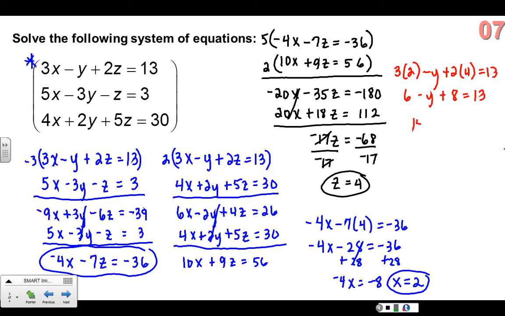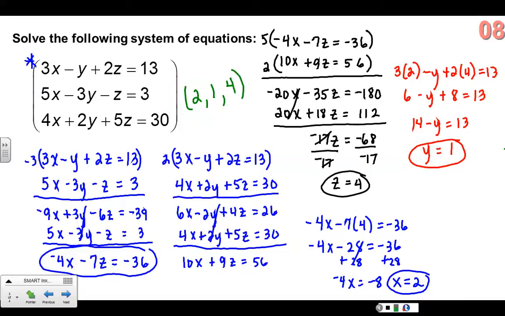That gives me 14 minus y equal to 13. So y would equal 1 in that equation. So my solution, my ordered triple x, y, z, would be 2, 1, and 4.